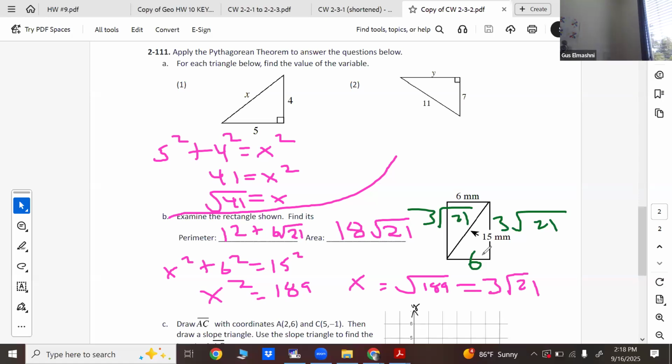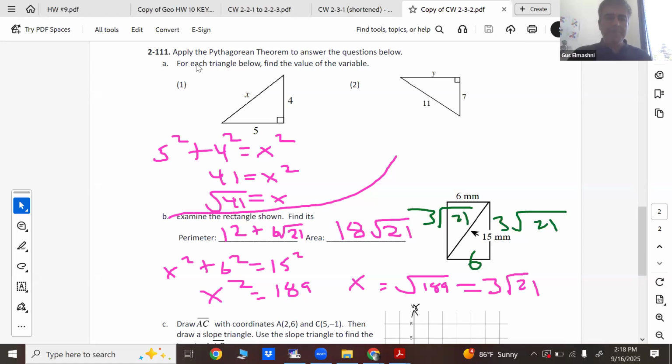Because these are radicals, you have to treat them like terms. 3 root 21 plus 3 root 21 is 6 root 21. You can't combine the 12 and 6 root 21 when you add; you just have to leave it alone. For multiplication, if you multiply 6 with 3 root 21, it becomes 18 root 21.